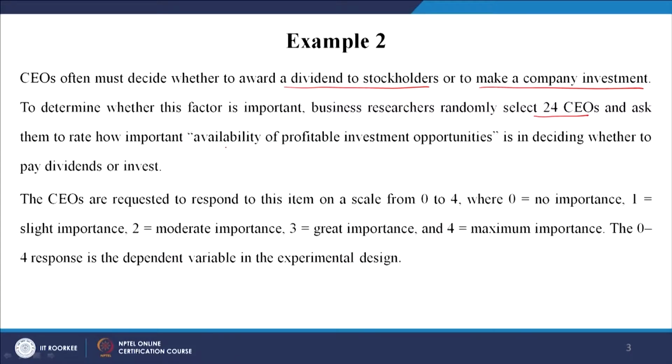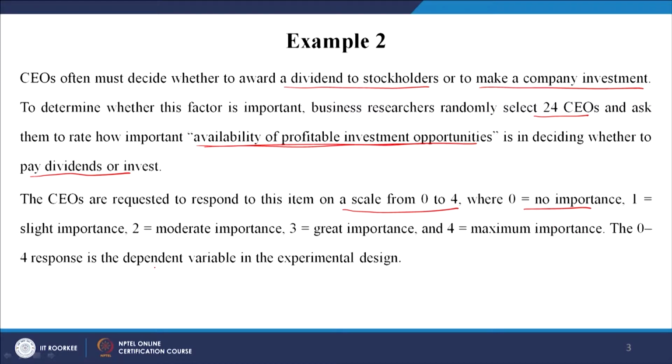To determine this, researchers randomly select 24 CEOs and ask them to rate how important the availability of profitable investment opportunities is in deciding whether to pay a dividend or invest. The CEOs are requested to respond on a scale of 0 to 4, where 0 is no importance, that means there is no availability of profitable investment opportunity, 1 is slightly important and it goes on, where 4 is the maximum importance.